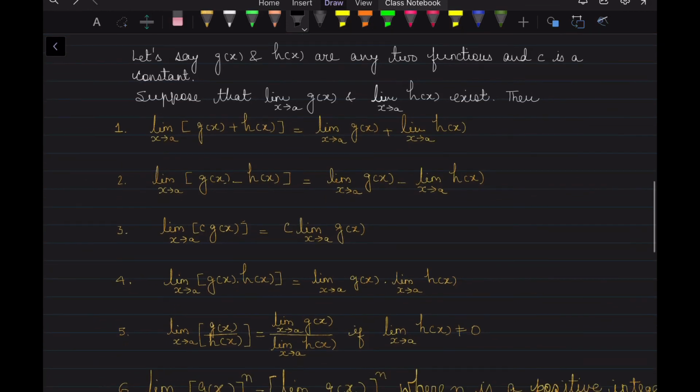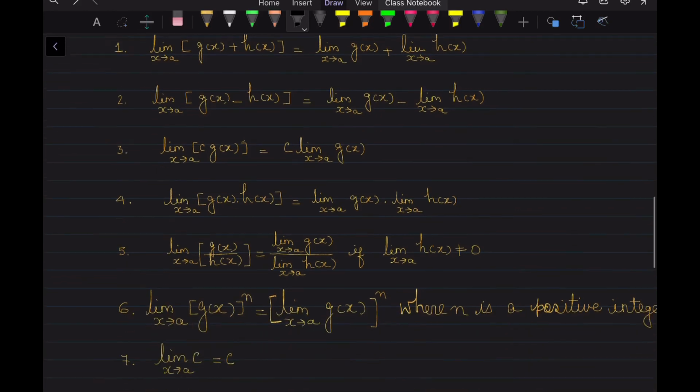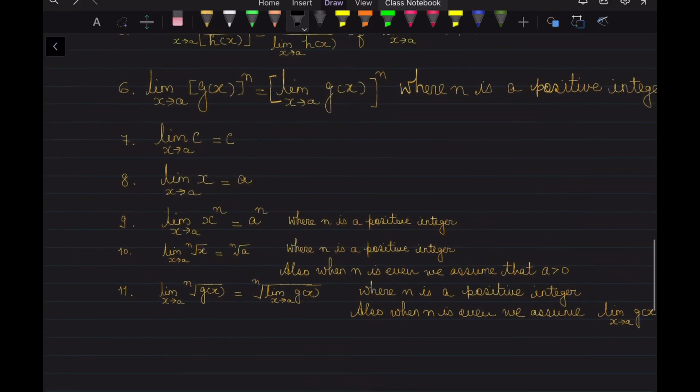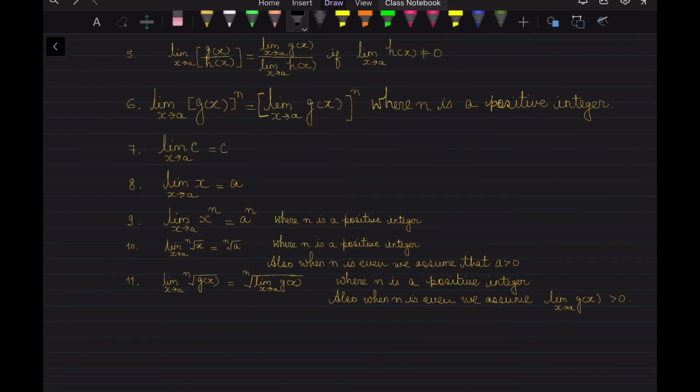And then we have the quotient law, which says that the limit of a quotient is equal to the quotient of the limits, with the condition that the limit of the denominator should not be equal to 0. So in this way, we have more limit laws, which you can see right here. This law number 7 we just discussed, and the law number 8 we just discussed.